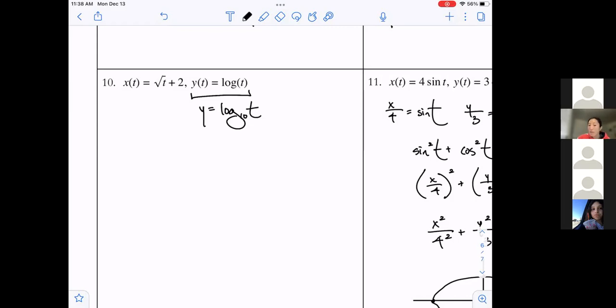So when we don't have a base, we call that the common log, and it really means base 10. But the other important thing about logs is remembering logs are the same as exponents, just in a different form. And so we can rewrite this as 10 to the y equals t, okay?